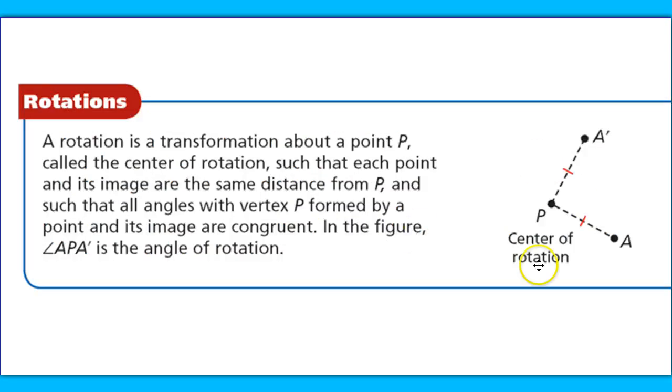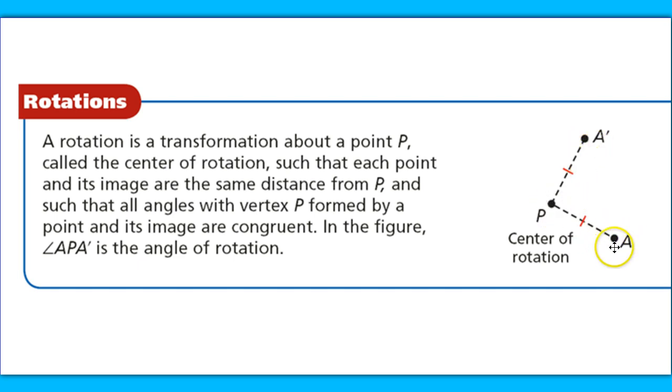So a rotation is a transformation about a point P called the center of rotation, such that each point, like point A, and its image are the same distance from P, such that all angles with the vertex P formed by a point and its image are congruent.